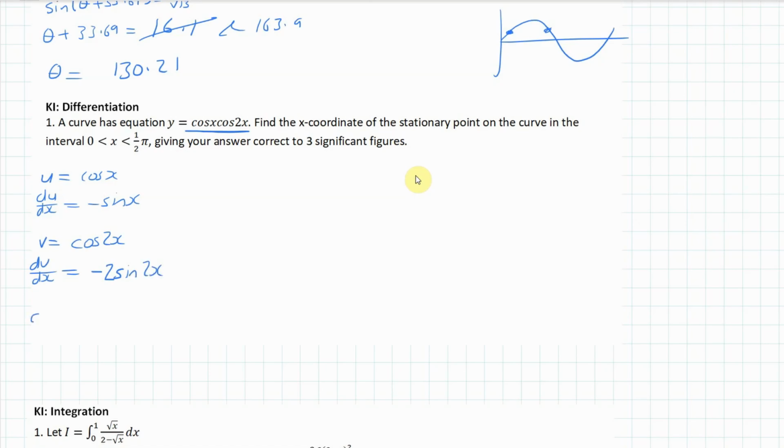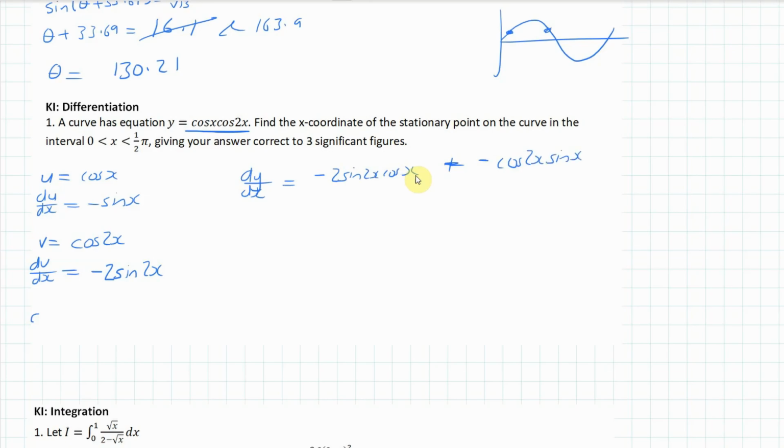And then we use the product rule. So remember, it's u times dv dx, so negative 2 sine 2x cos x, plus v times du dx, so negative cos 2x sine x.